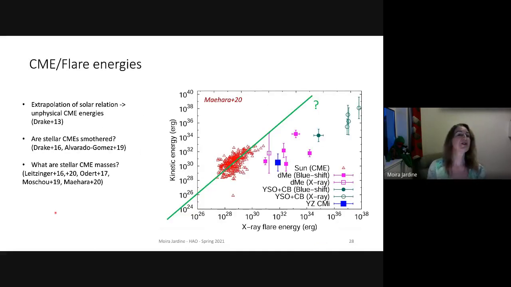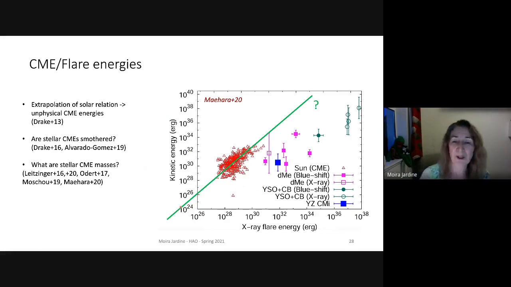So this brings us to the very interesting relationship between coronal mass ejections and flares. And this is a plot that goes back to Jeremy Drake in 2013. So this is the kinetic energy against X-ray flare energy for, well, the red triangles are solar flares, and the other symbols are for stars.